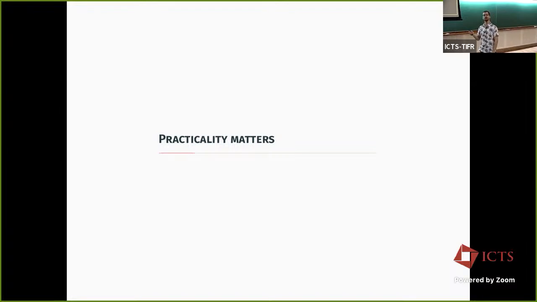Namely, in this talk, I'm really interested in practicality. So it's not only that I want to prove existence. No, I have one particular polynomial, and I really want to find one particular sum of squares decomposition for this guy. So the question is, how do we do it?